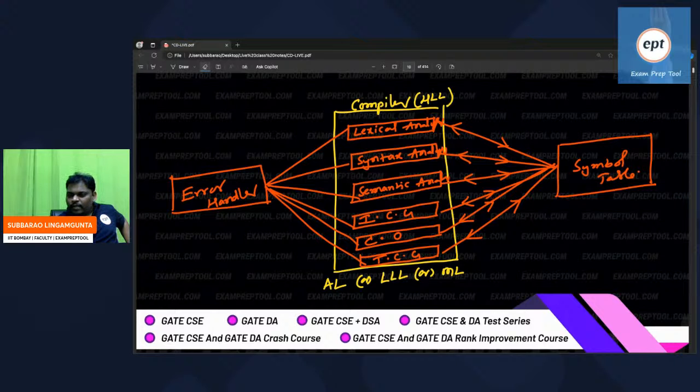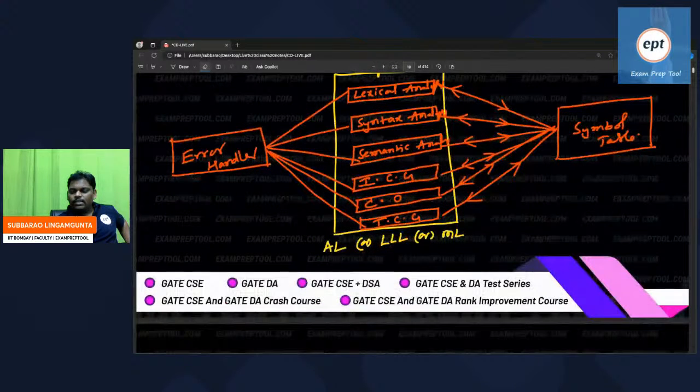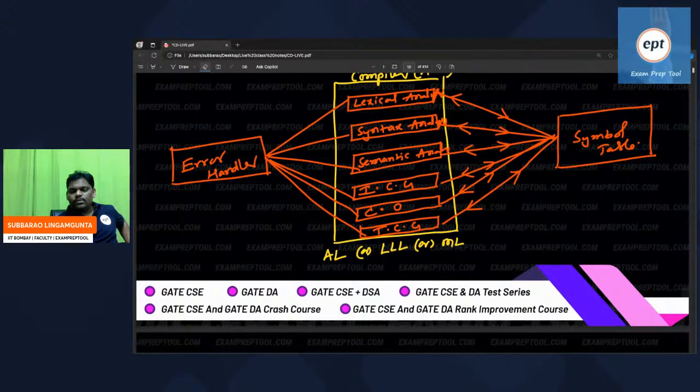Someone is asking when this will be completed. Whenever the compiler is going on, OS will start. After the compiler is over, CN will start. After OS is over, COA will start. Whatever is done till now, please complete all of it.